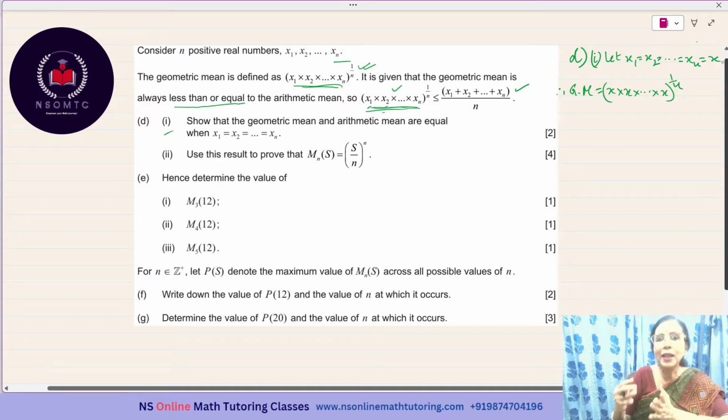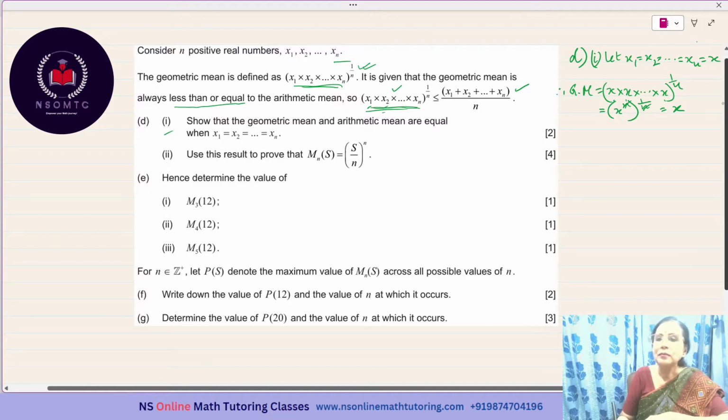When it is 3 x's, x times x times x, the product is x cubed. So when there are n x's getting multiplied, the product will be x raised to the power of n. The whole thing is getting raised to the power of 1 over n, and these two will be getting cancelled. So we are having this expression equal to x.